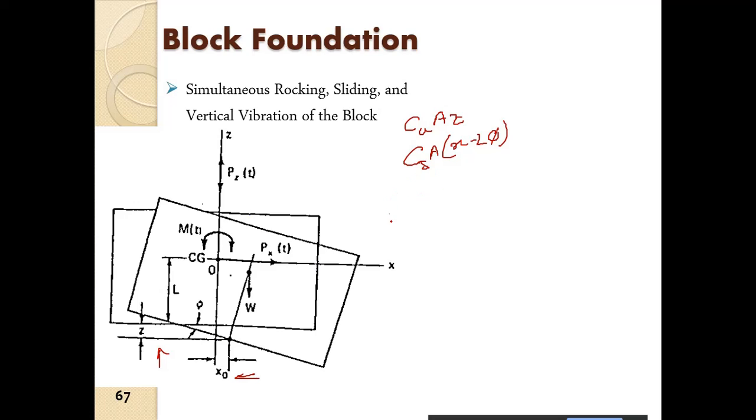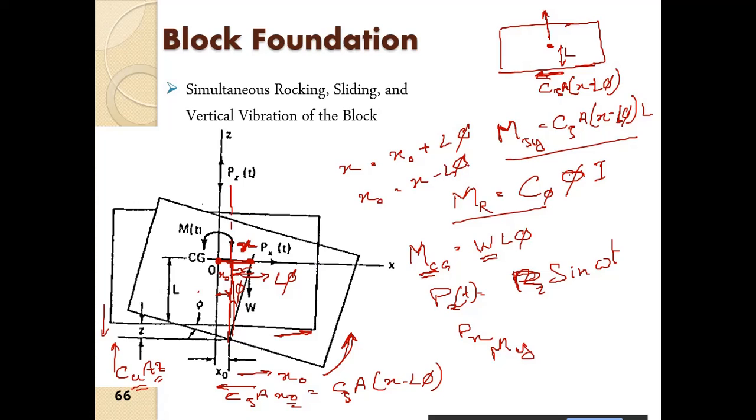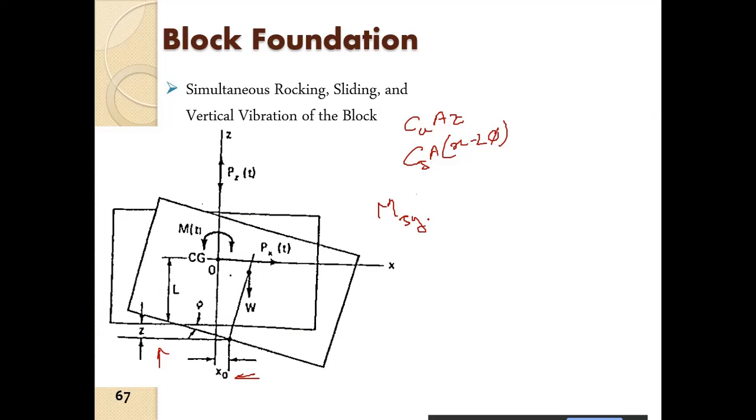Just now we have written here M tau y, the moment of this force about the CG. So we have M tau y is equal to C tau A into x minus L phi into L. Then obviously this force will be through the CG, so there will be no moment for the force in the z direction.